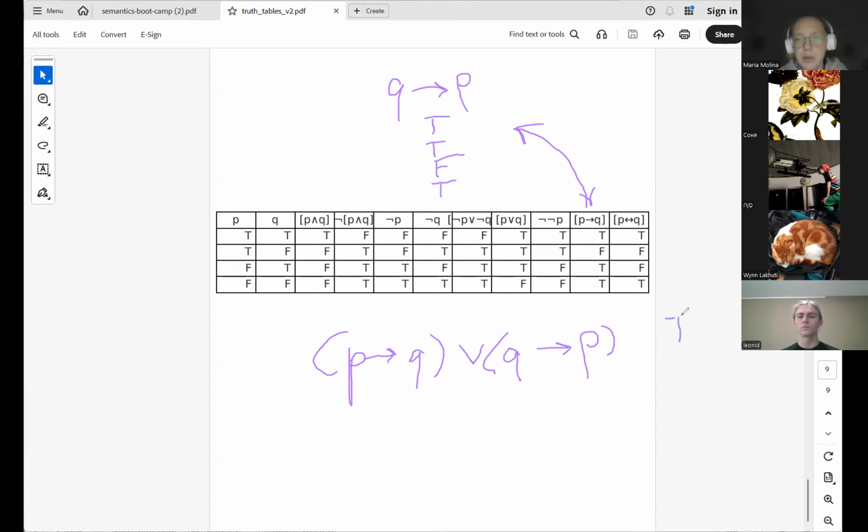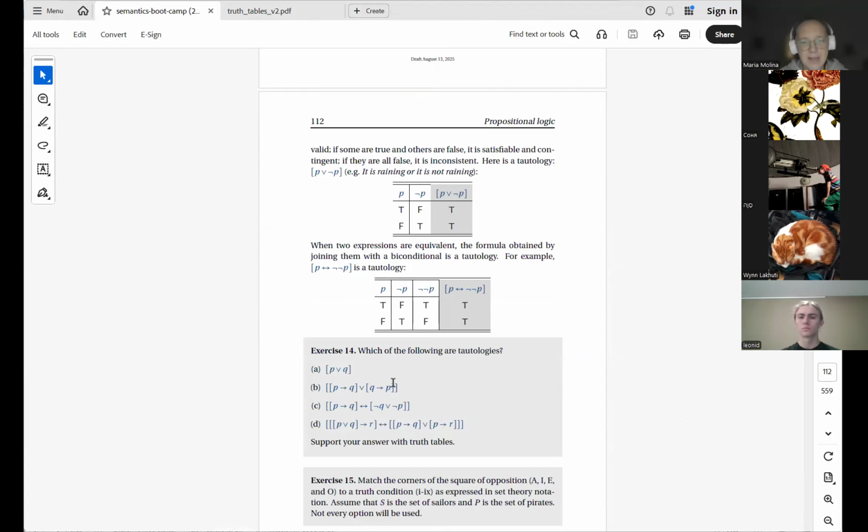P true, Q false, also true, because one of them's true. P false, Q true, also true, because one of them's true. P false, Q false, true. See? This is a tautology. So B is a tautology.